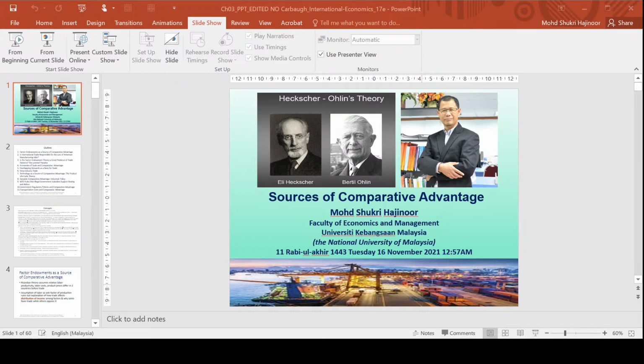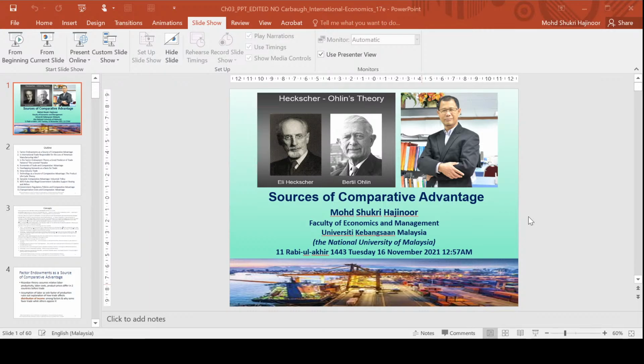It means which country will produce and export what product, or on the other hand, which country will import what products. That's the pattern of comparative advantage.